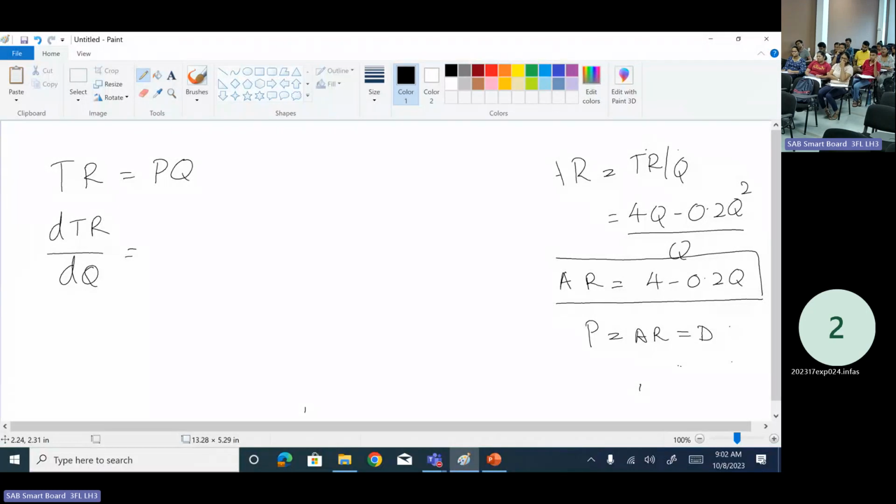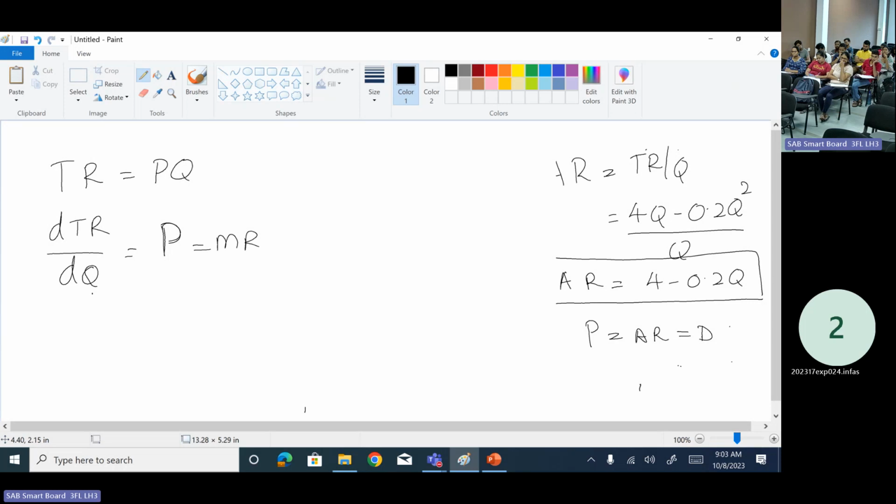To differentiate this function, what you get? Only the price. But if there's something else we have to use, we'll talk about later. If you differentiate this function in terms of Q, because total revenue depends on the output, it is a function of output, so it will equal price. So that means marginal revenue equals price.